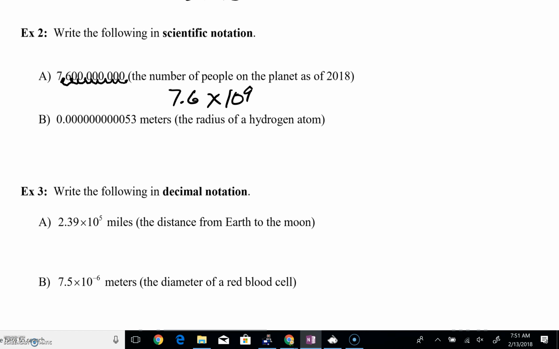Look, you could have something very small, like the radius of a hydrogen atom. And you can see right here as you're counting this out. By the way, if kids get this wrong, typically it's because of how they count. Some kids tell me every 3 they put a little marking. That's a clever way to count. You can see you'd have a decimal and then 3 zeros, another 3 zeros, another 3 zeros.